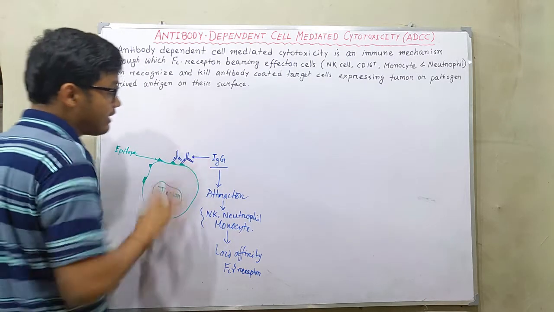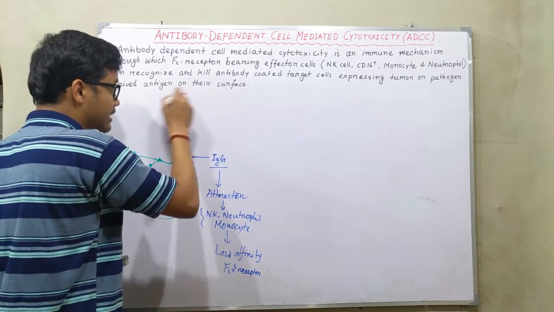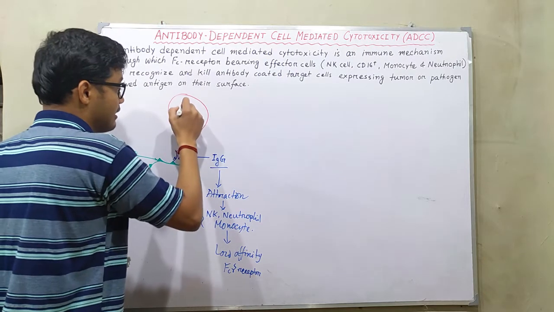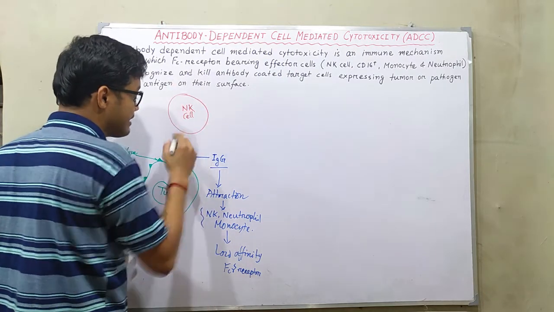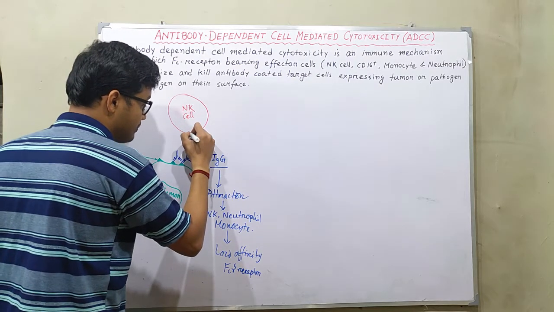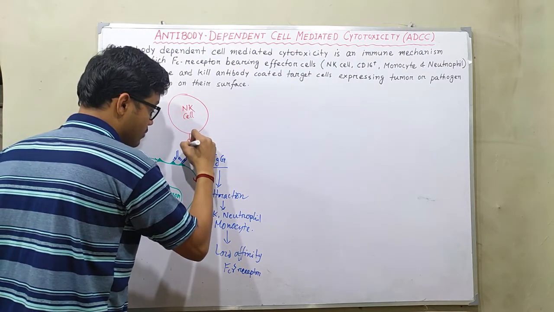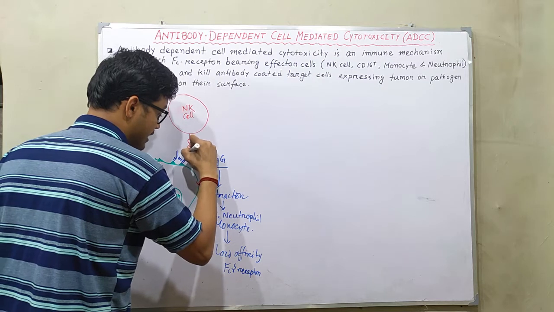Whenever the aggregation of IgG is done, it attracts the NK cells, and these NK cells have a receptor on their surface known as the low affinity Fc gamma receptor.